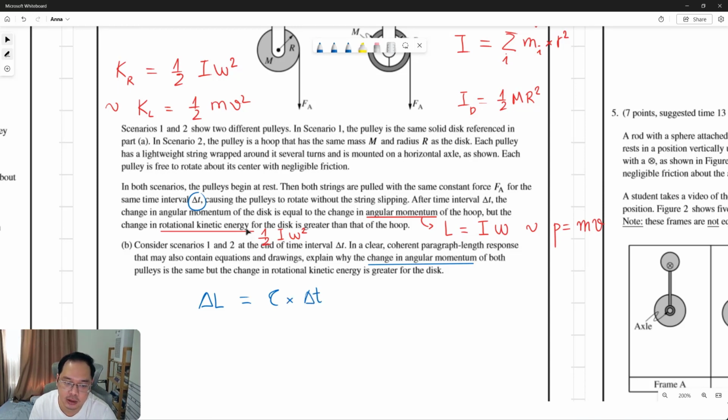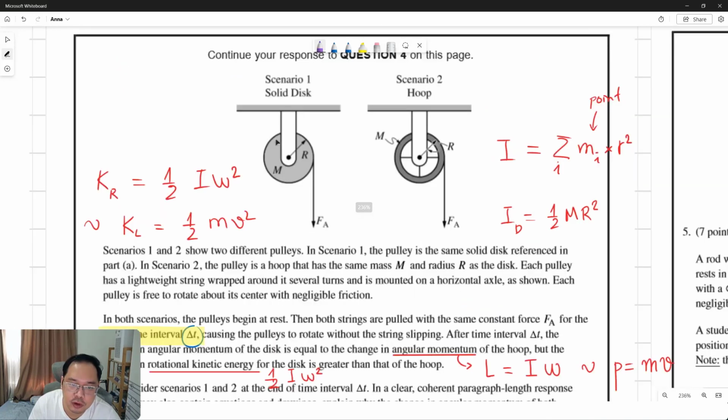So to prove that the change in angular momentum of both objects are the same, we need to prove that the torque is the same, and the time interval is also the same. The second thing, delta t the same, was already given here, same time interval, so we don't need to prove that anymore. The torque is defined as the force multiplied with the perpendicular distance drawn from the axis of rotation to the force, which is this distance, the little r.